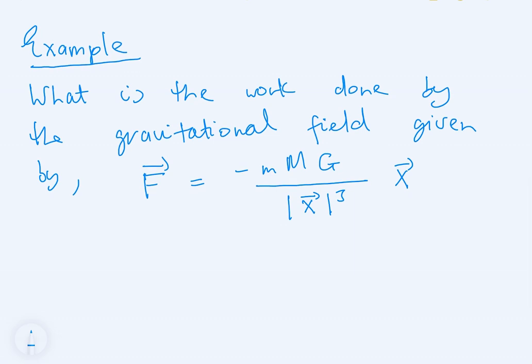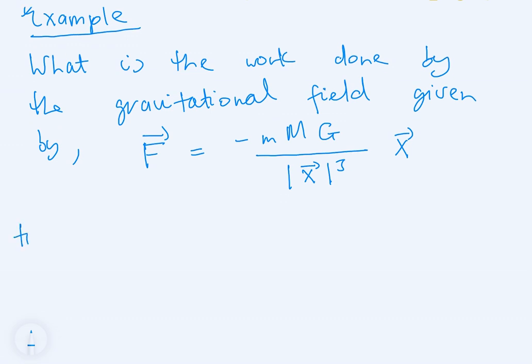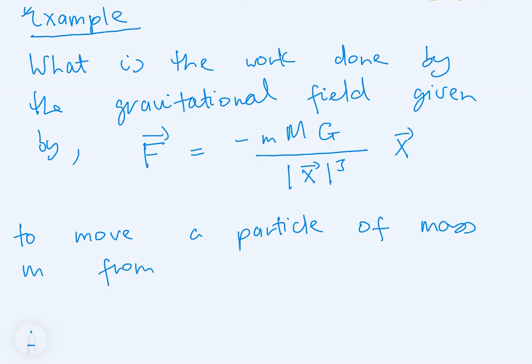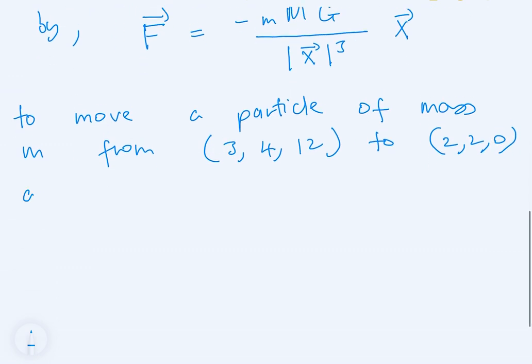Okay, so what is the work done by the gravitational field given by this to move a particle of mass m from point (3, 4, 12) to point (2, 2, 0) along a smooth curve C?